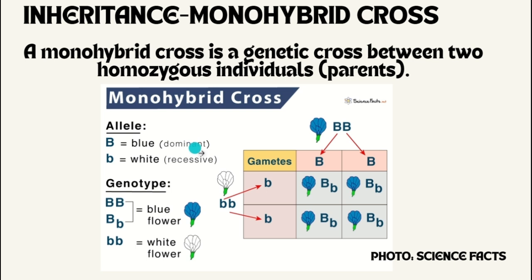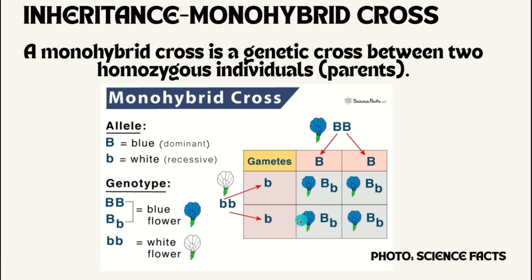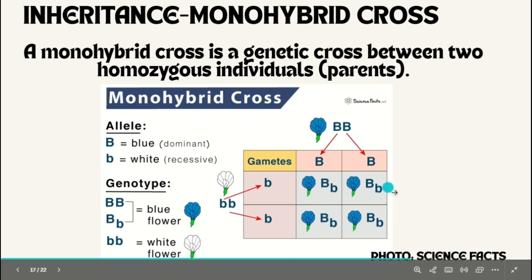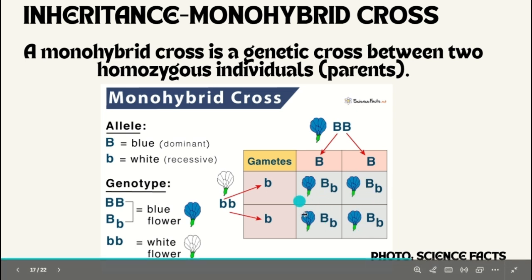So the big B is blue, which is dominant, and the little b is white, which is recessive. If we cross homozygous dominant blue with homozygous recessive white, we're going to get 100% blue flowers.